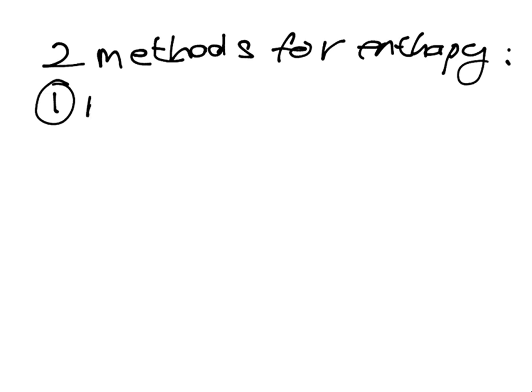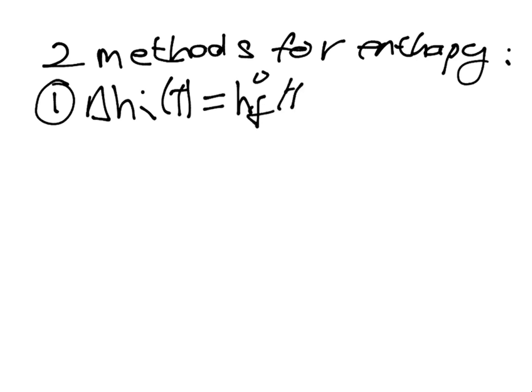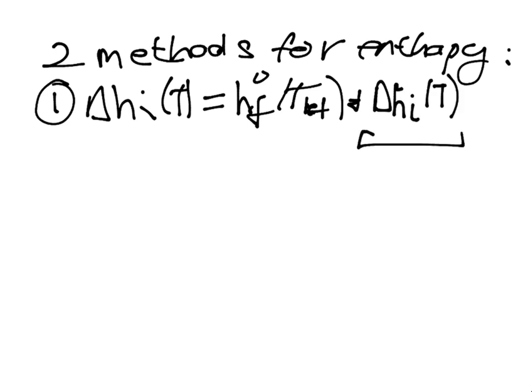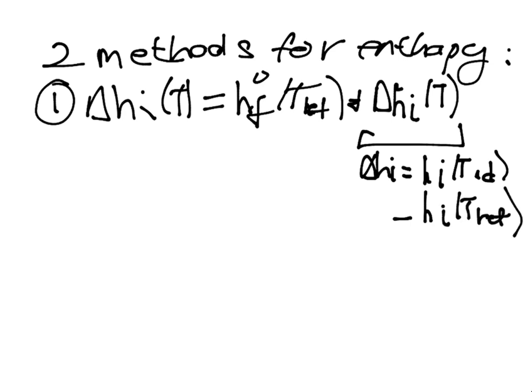First method, we have our delta H_i(T) is equal to our heat of formation at our reference temperature plus our delta H_i(T). So this H_i can also be written as H_i(T adiabatic) minus H_i at T reference.